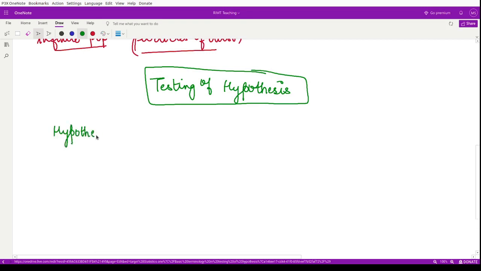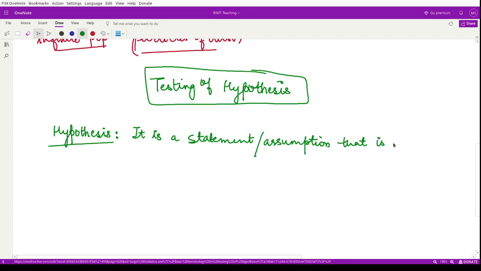A hypothesis means a statement or assumption that is yet to be proved. This is a very common word used in science.